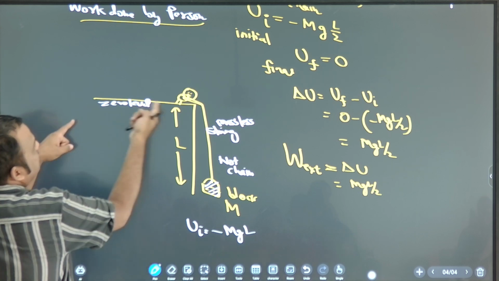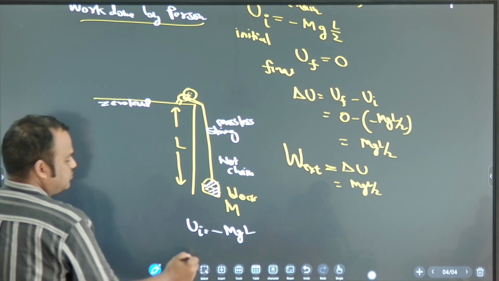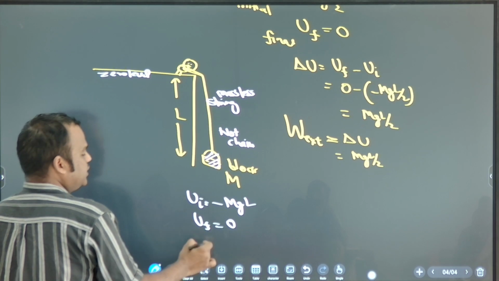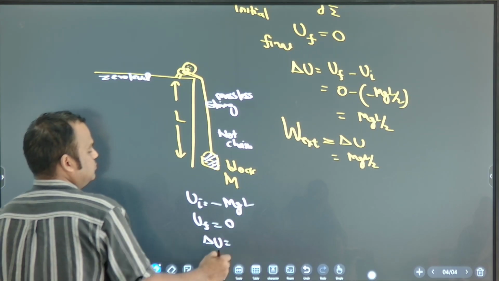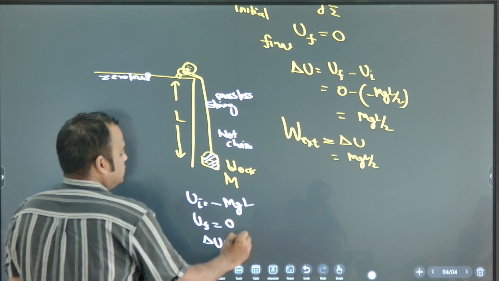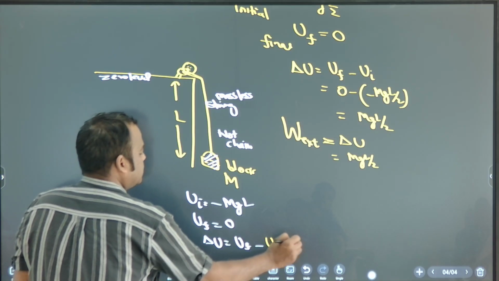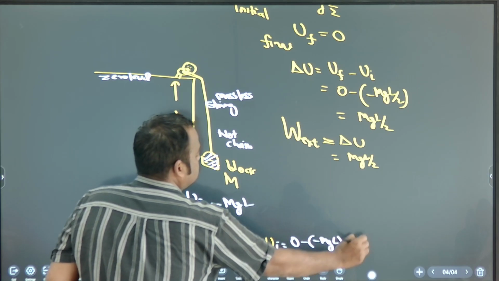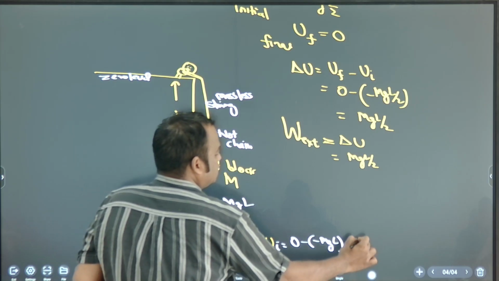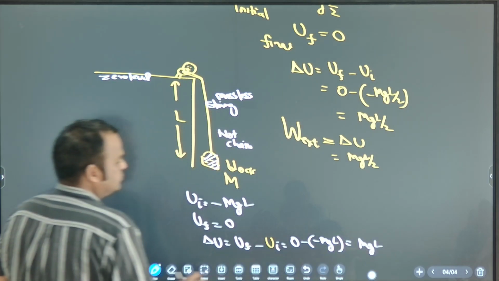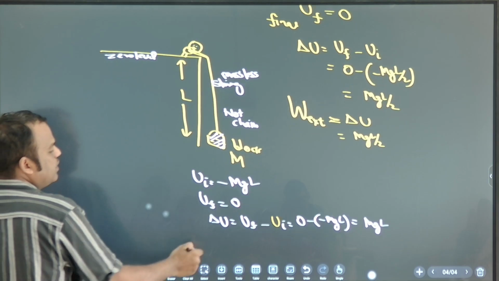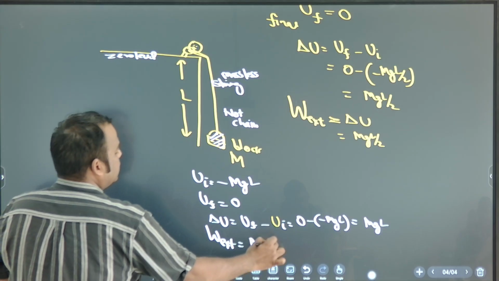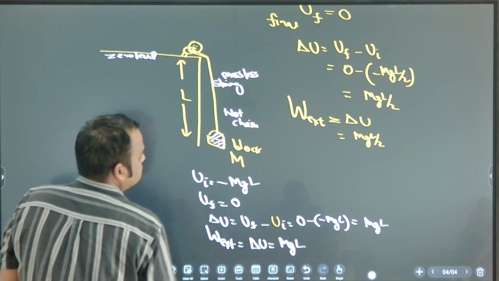The final potential energy is 0, since it is kept here. So the change in potential energy is U final minus U initial, 0 minus (minus MGL), which is MGL. Okay, clear? So what is the external work done? Delta U, which is MGL.